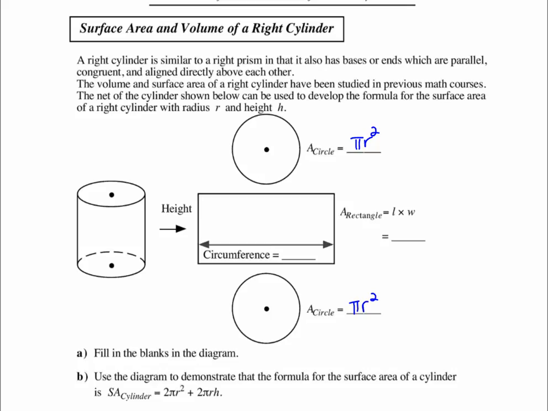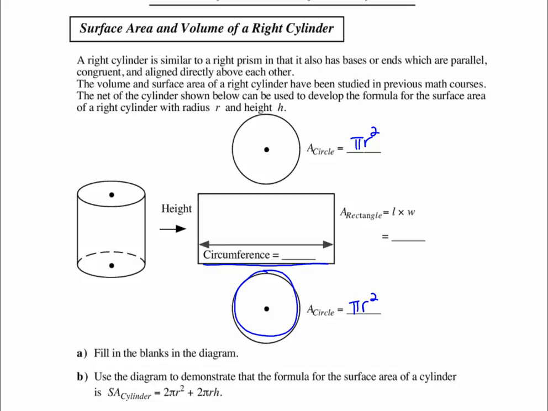You have 2 circles, and then the side opens up to a rectangle, right? Now the dimensions of this rectangle, which is normally length times width, this length here of the rectangle is the same thing as the circumference of the circle, because it was wrapped around the circle.